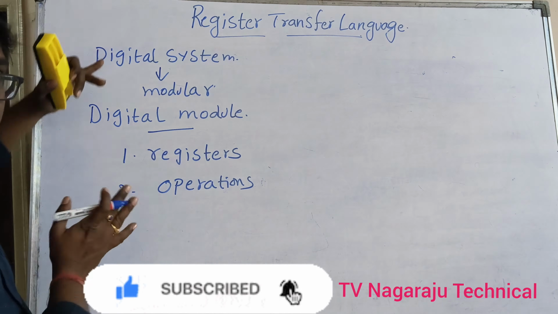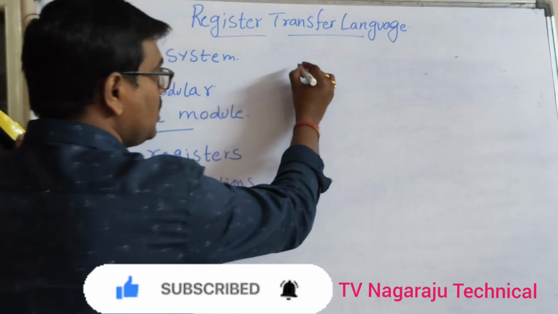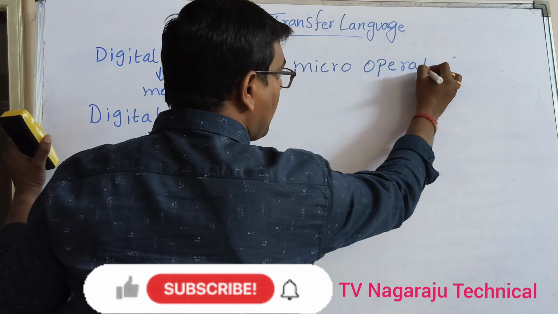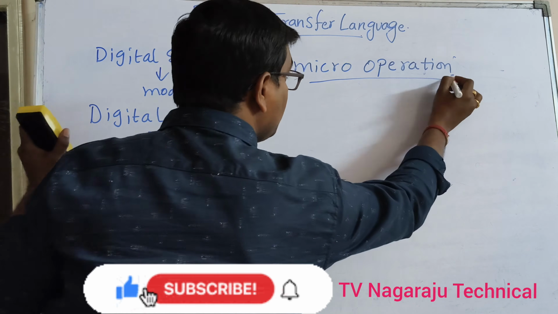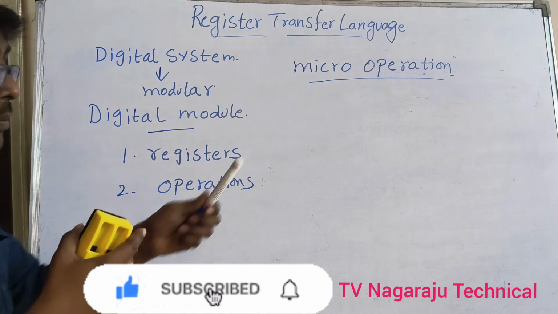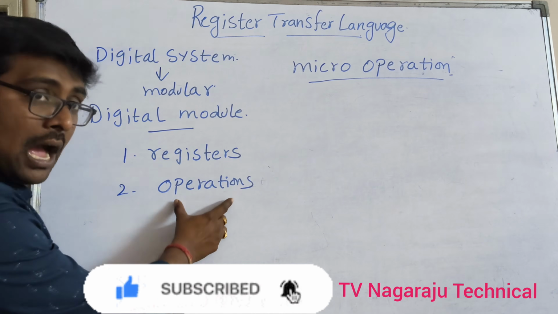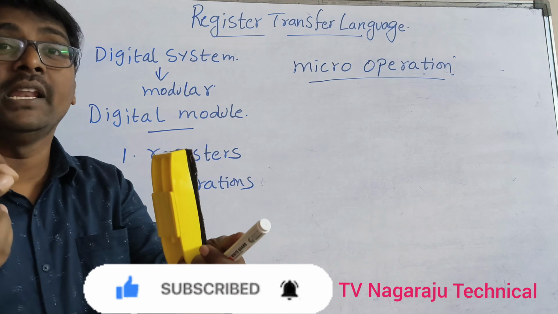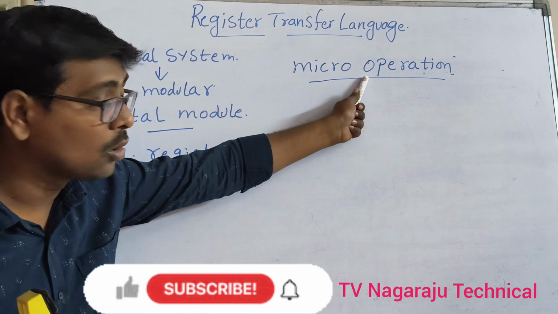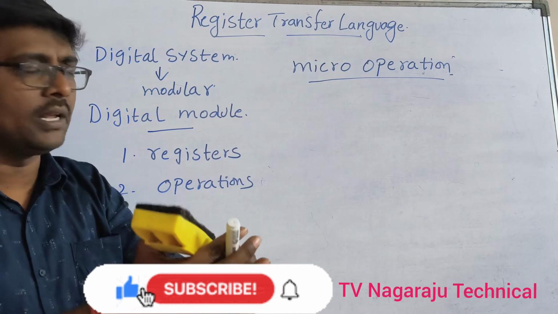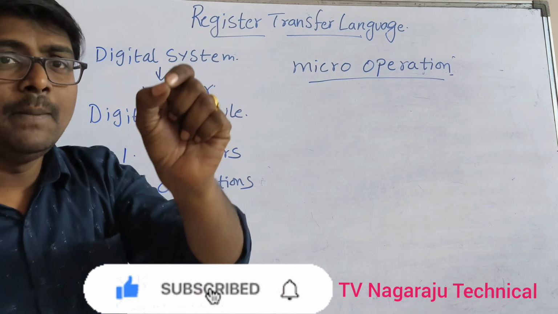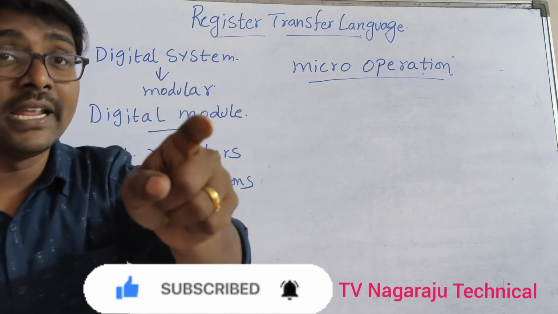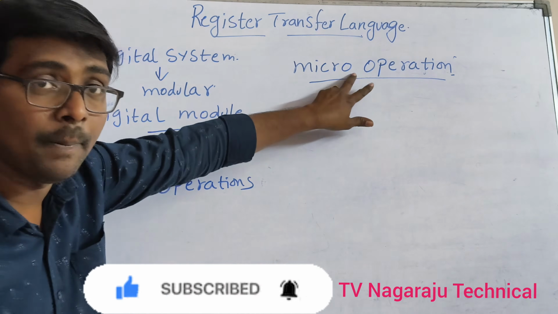Now, why did I discuss all this basic information? To move to one important term, micro operation. What is meant by micro operation? The definition: the operations that are performed on the data inside a register are called micro operations. In simple terms, a simple elementary operation performed on the data inside a register is called a micro operation.